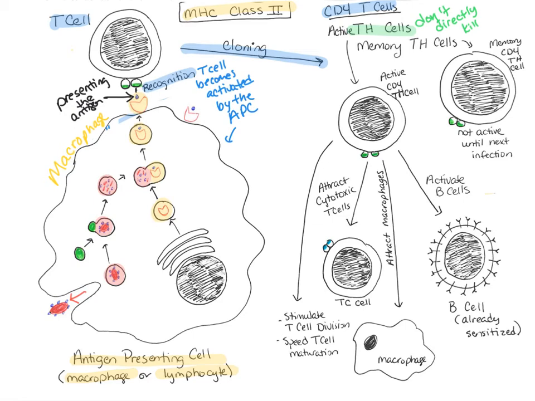Okay? So this is what helper T cells do. Helper T cells, they are going to do these things. First of all, let's start over here. They are going to attract the cytotoxic T cells to the area. So even though they can't directly kill, they will attract the cytotoxic T cells that are already activated to that pathogen so that the cytotoxic T cells will come to the area.